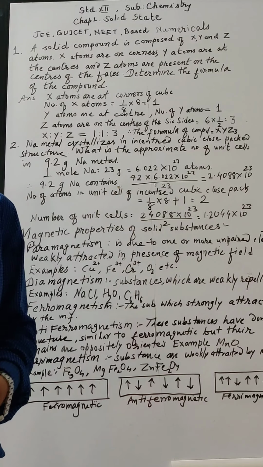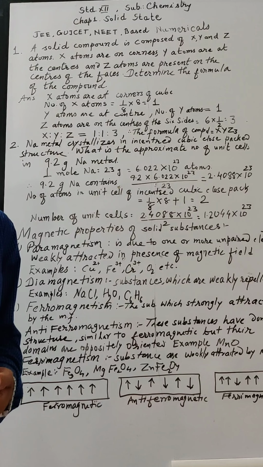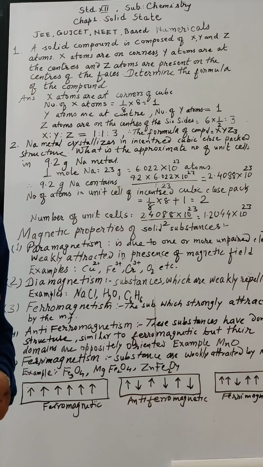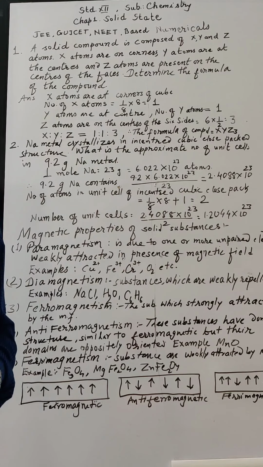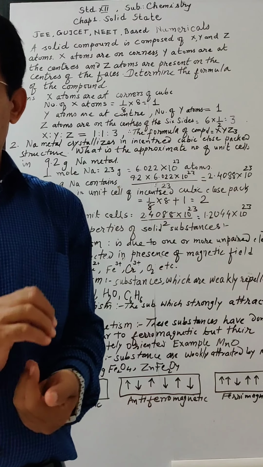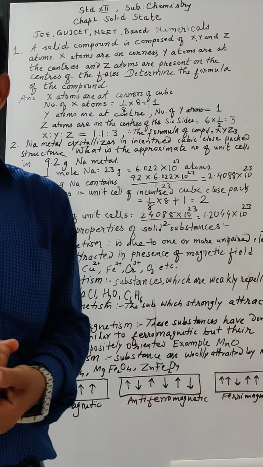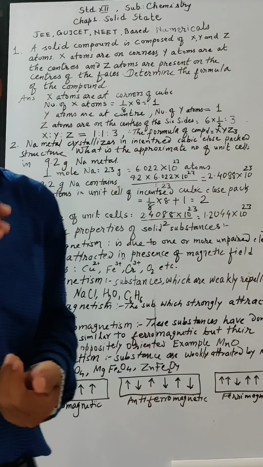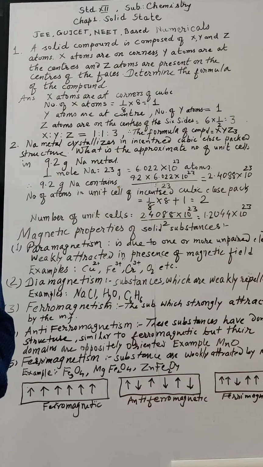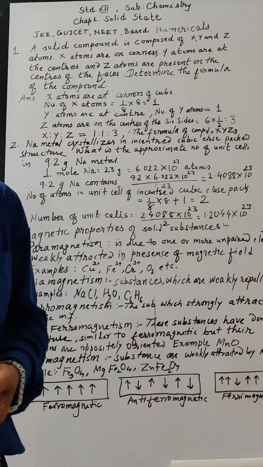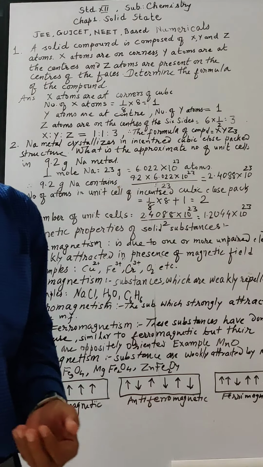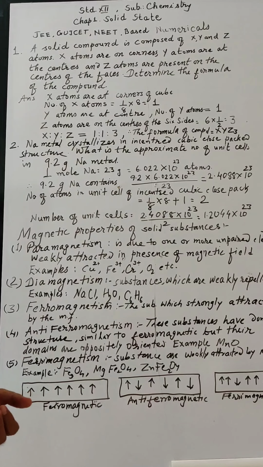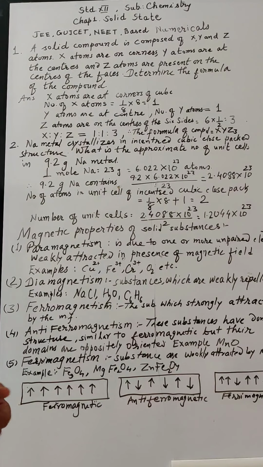The substance which have all paired electrons and number of unpaired electron is not present, so this type of magnetism is called diamagnetism. Third property is ferromagnetism.